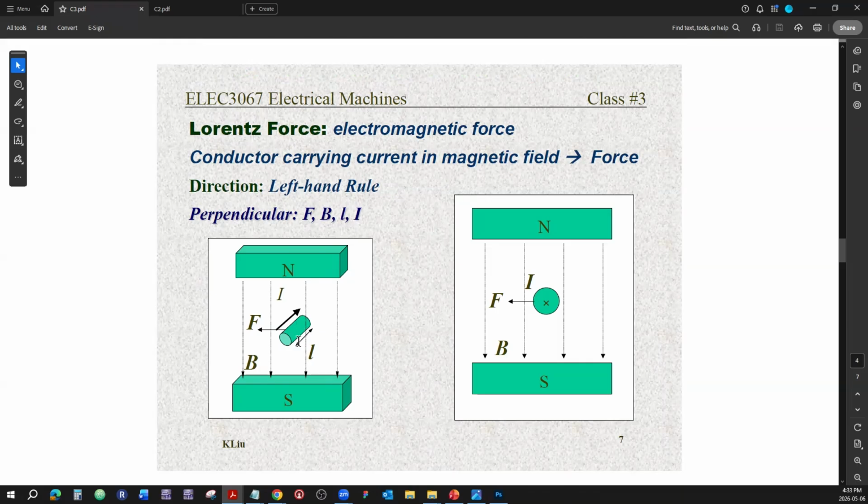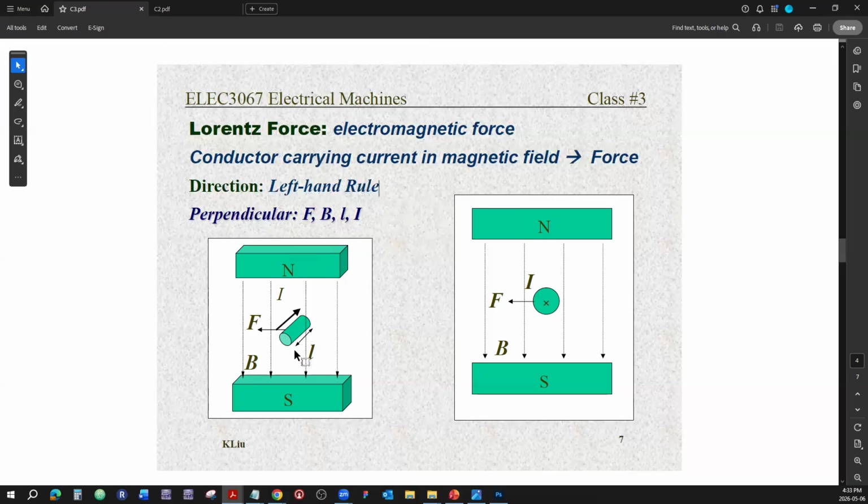When we induce current, that thing is going to have tendencies to move. Where is it going to move, left or right? Well, the left-hand rule is applied here.